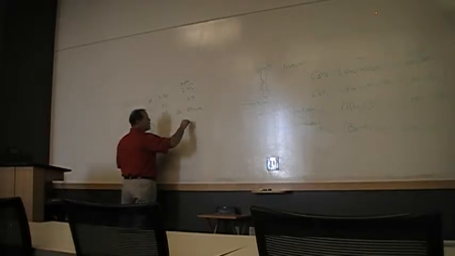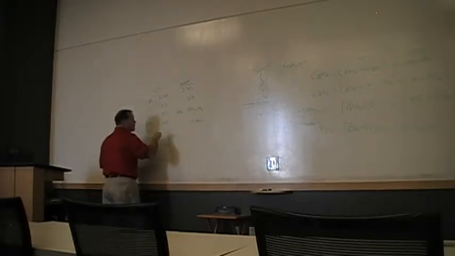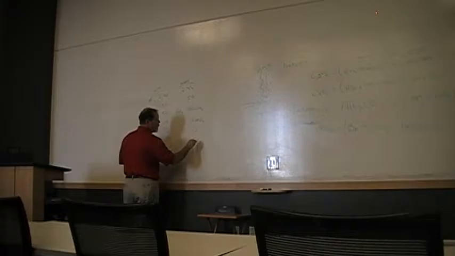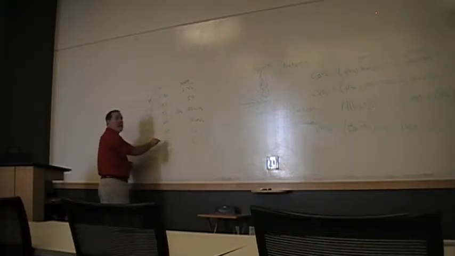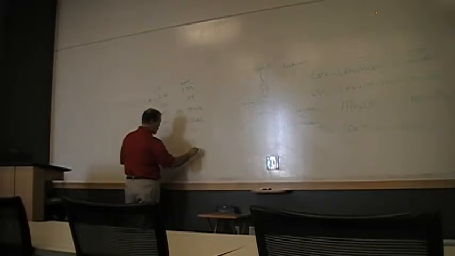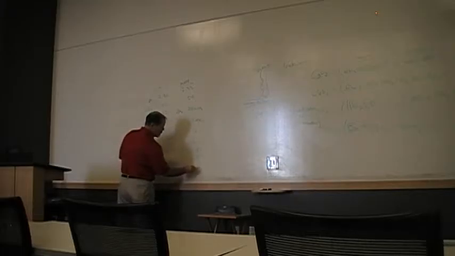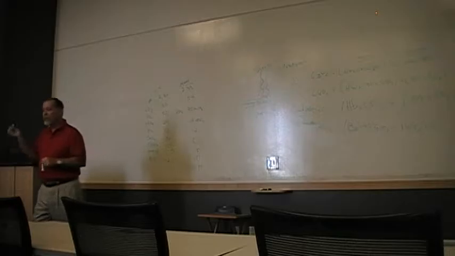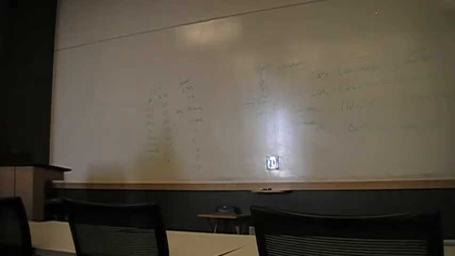Bicarb, 25 mEq. Hemoglobin still 12. Saturation is 51% because the tissues would have taken out oxygen. Carboxyhemoglobin 0.5, methemoglobin 0.5, and base excess minus 2.5.